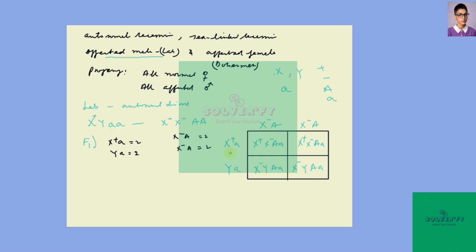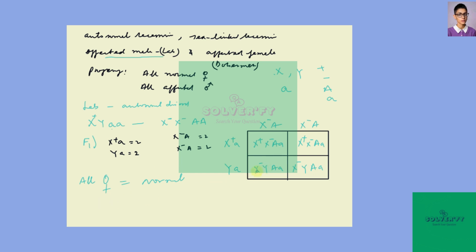So in this case, what we get, the females, because in both the cases, whether it is the sex-linked disorder or the autosomal disorder, the disorder is recessive. So here one of the X is normal, so it will be a phenotypically normal female. So all females are normal.